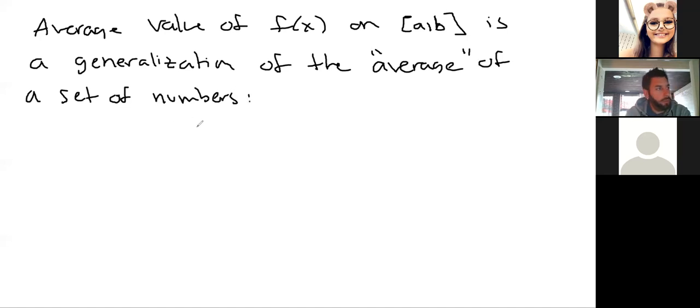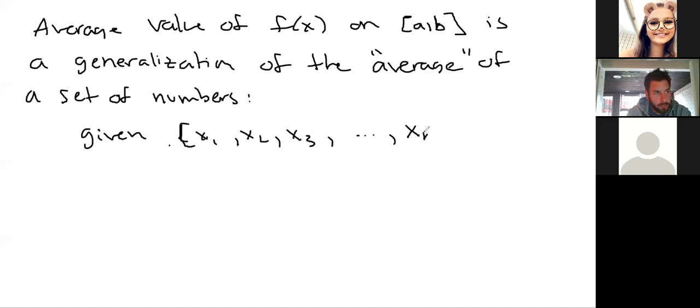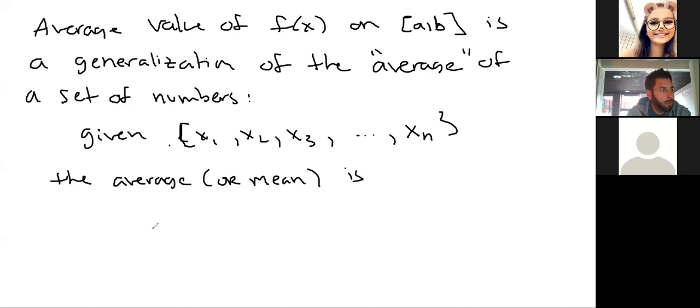So you guys have all done this before. What is the average? So suppose you have numbers, say x1, x2, all the way up to x sub n. The average, or as you guys may have heard, the mean, is what?